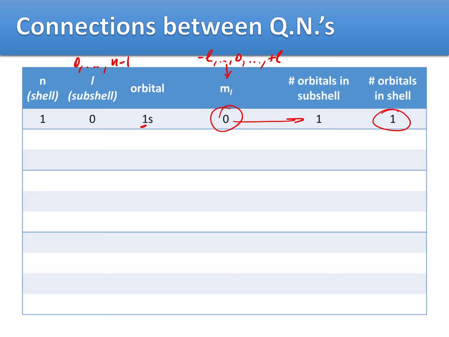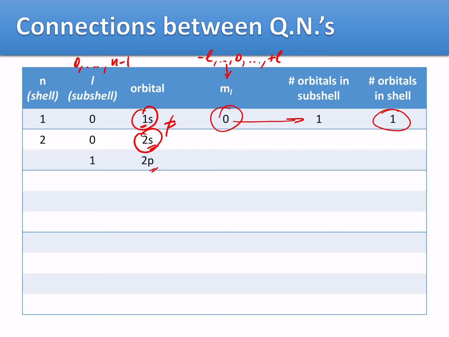Now, what happens if you go to n equal 2? Remember, L will go from 0 to n minus 1. In this case, n minus 1 is 1. So L can have values of 0 and 1. For L equals 0, that's the s orbital. For L equal 1 is the p orbital. And now we add a 2. That means this orbital is different than that one.